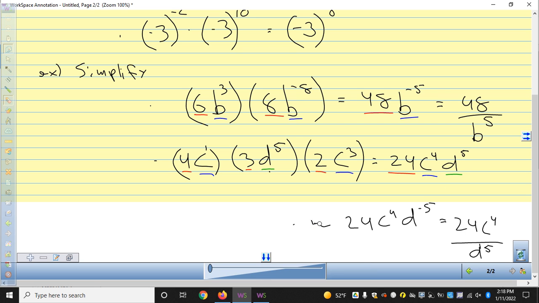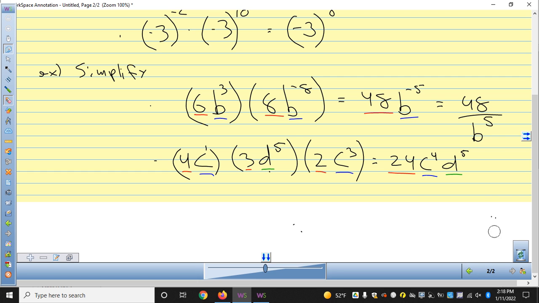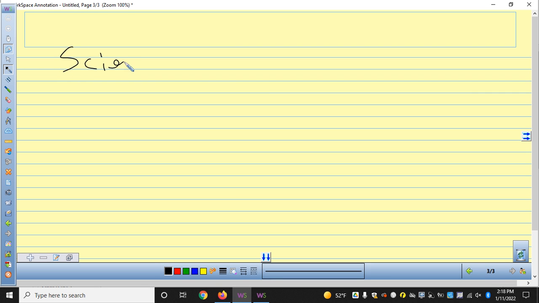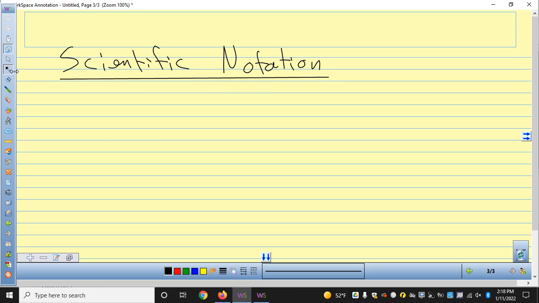Okay. I'm just going to erase this. Let me get a bigger eraser here, and then we'll talk about scientific notation really quickly. So scientific notation is a way that you'll see in science to write very big numbers in a more compact way.